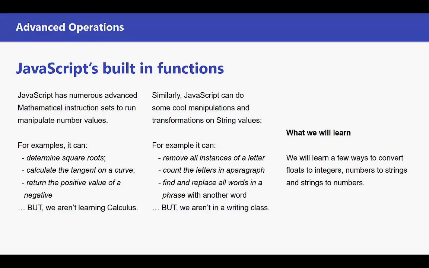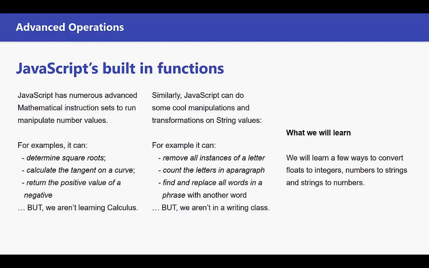JavaScript can also do advanced things to strings, like removing all the characters E in a letter, removing all the letters in a word or a paragraph, finding and replacing words in a bunch of phrases, making a word go backwards or forwards, counting the amount of digits or characters in a string. But again, we're not in a writing class or a grammar class, so we're not going to push that to its limits. We're only going to be learning today how to use JavaScript.